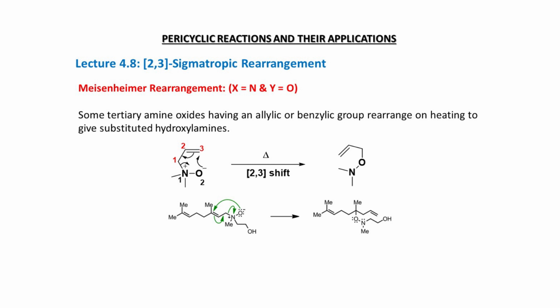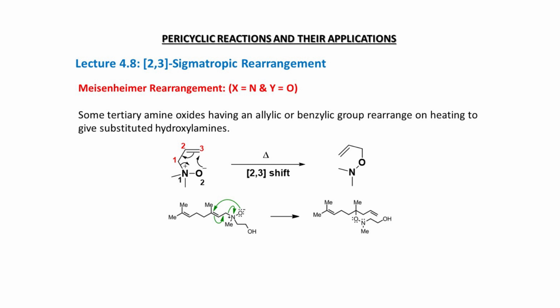The primary requirement for these molecules is that tertiary amine oxides having an allylic or benzylic group can be subjected to rearrangement upon heating, resulting in the formation of hydroxylamines. That is, tertiary amine oxides having allylic or benzylic groups rearrange upon heating to give substituted hydroxylamines, which is the Meisenheimer rearrangement reaction.